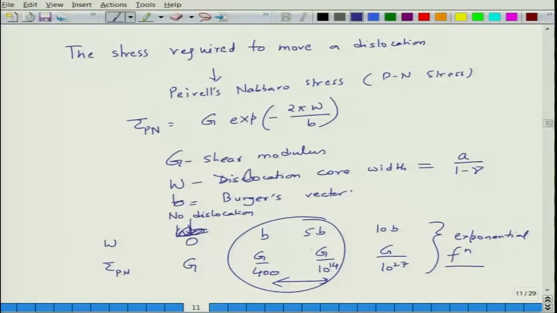The W values are generally between B to 3B or 4B. Dislocation cores are very narrow, however that is good enough to cause substantial reduction in the strength, and depending upon the magnitude of W and B, different materials will show different strengths.